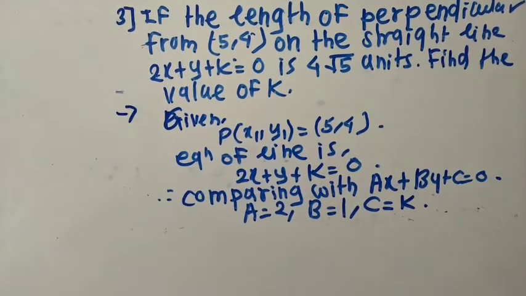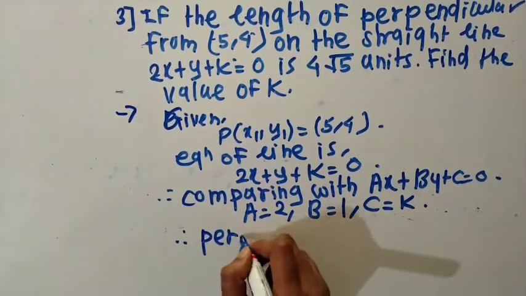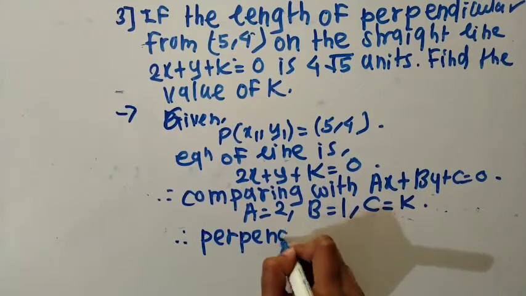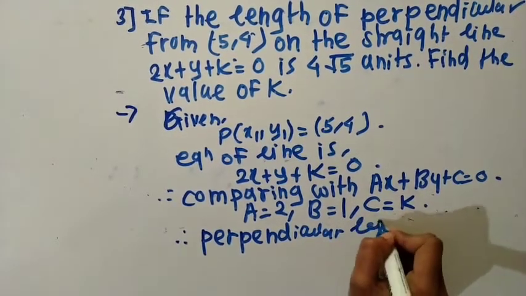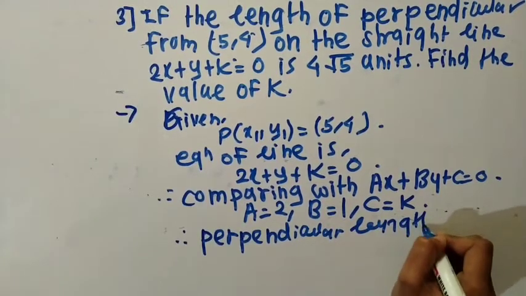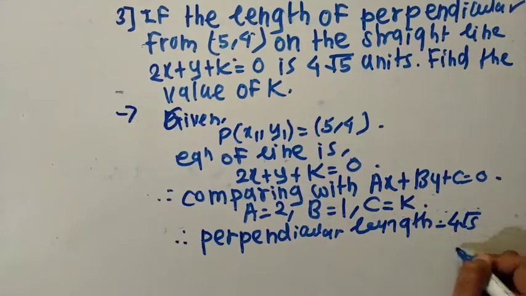And the perpendicular distance length is 4 root 5 units.